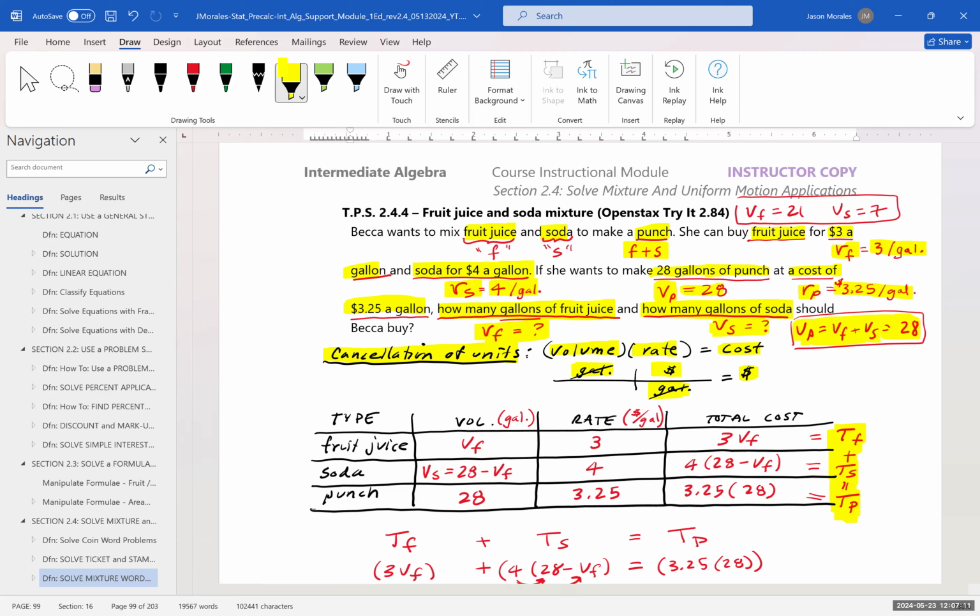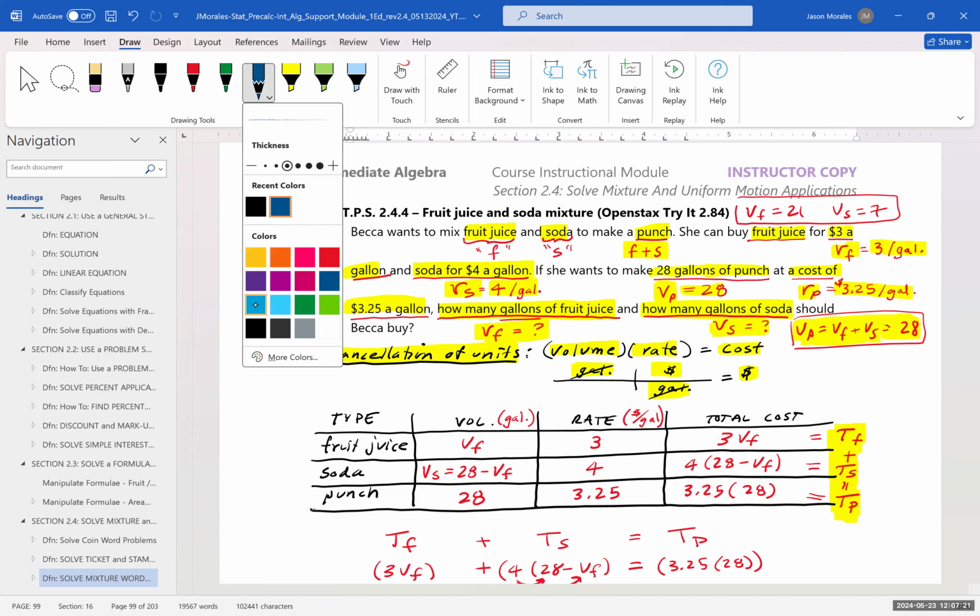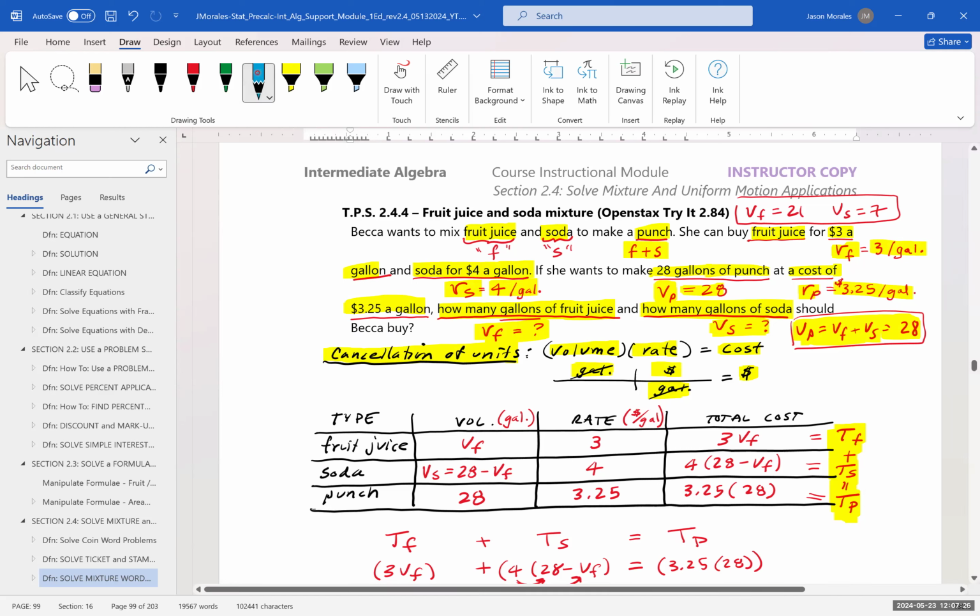And when you multiply volume times rate, you should notice that the gallons unit in volume in the numerator cancels out with the gallons unit in the denominator for rate, leaving us with the only unit of interest we want, which is dollars.